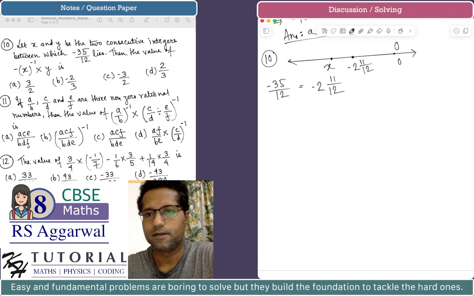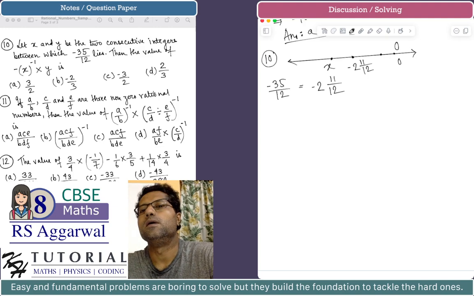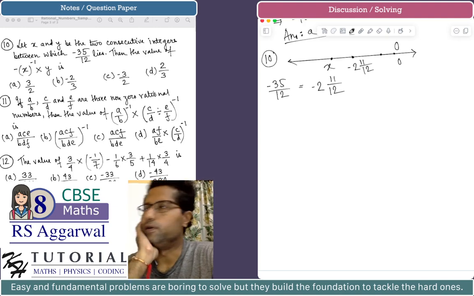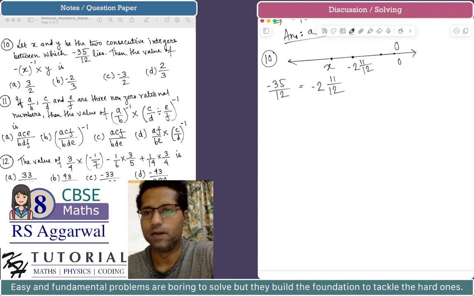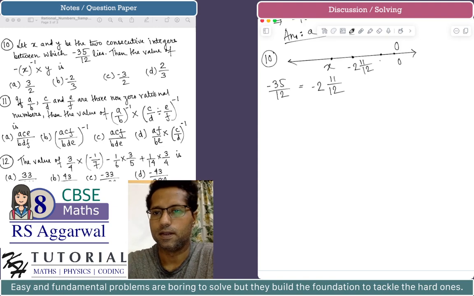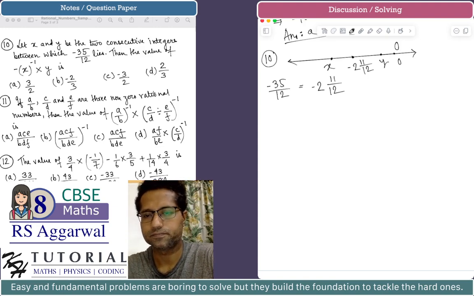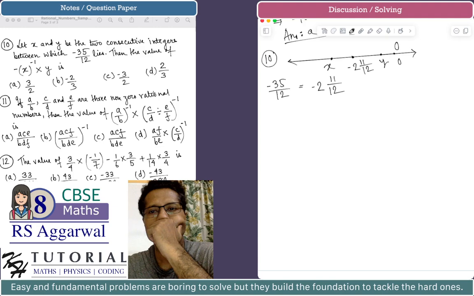Now it says that this number minus 2 and 11 by 12 lies between x and y, which are two consecutive integers. So minus 2 and 11 by 12 has to be less than y and has to be greater than x.